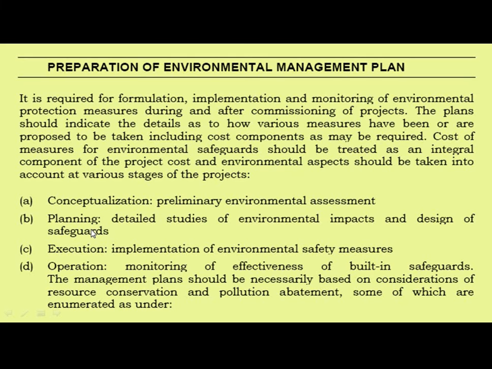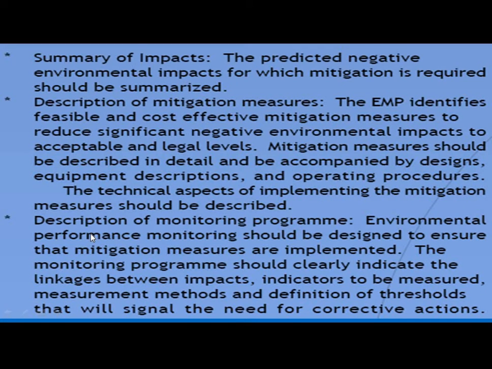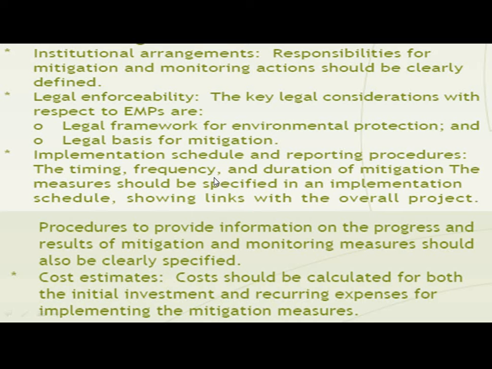So this should include a summary of the impacts, the predicted negative impacts, and a description of the mitigation measures. The technical aspects of implementing the mitigation measures should be described, along with a description of the monitoring programs. This should be part of that. Institutional arrangements: responsibility for the mitigation and monitoring action should be clearly defined.